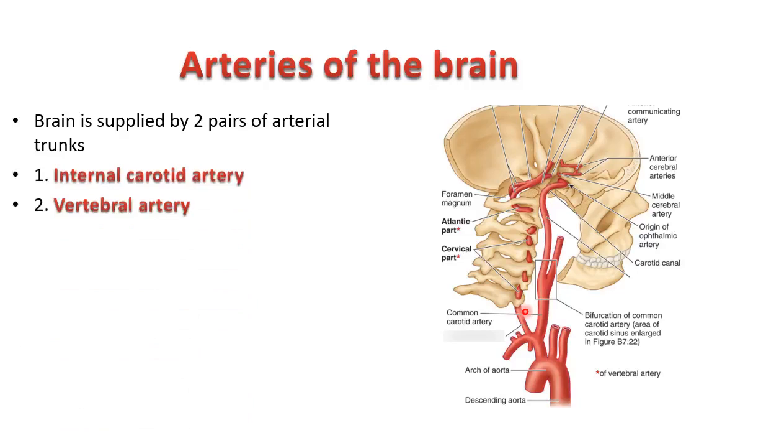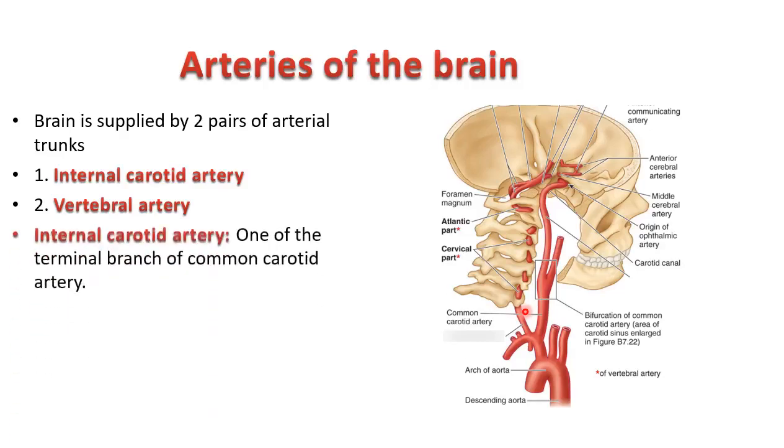So the internal carotid and vertebral arteries are the two major arterial trunks which supply blood to the brain. First we will be discussing in detail the internal carotid artery.